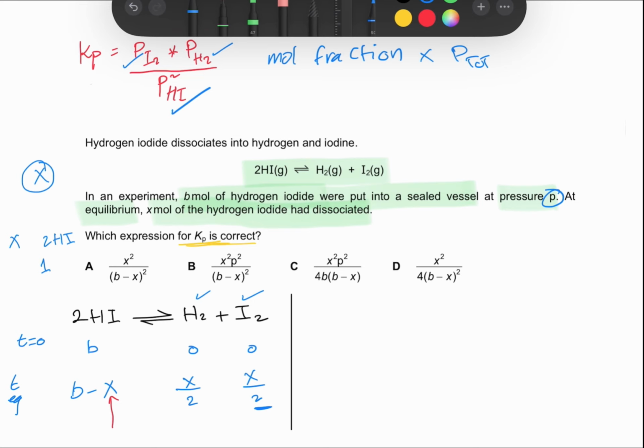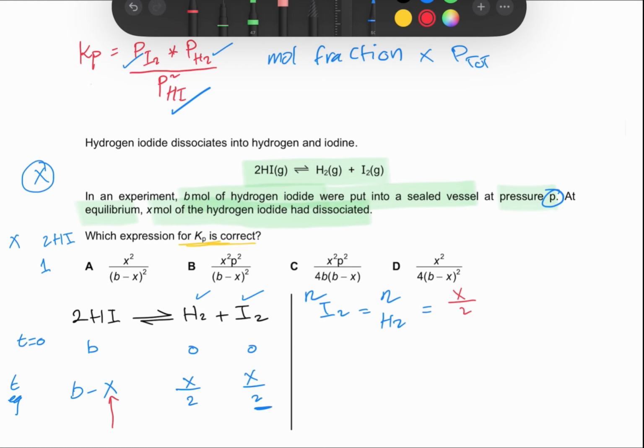So you know the meaning of the mole fraction, and we multiply it by the total pressure, which is given. It's P. So how can I calculate the mole fraction for I2, H2, and HI? For I2, the mole fraction is the same as for H2 because they're in a 1-to-1 ratio and have the same number of moles. We can say the moles of H2 or I2 is x over 2.